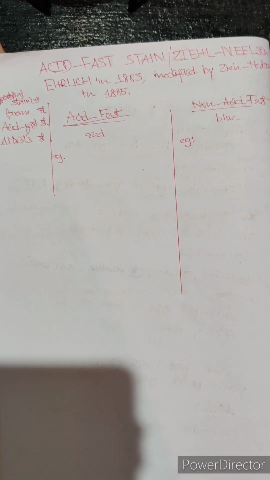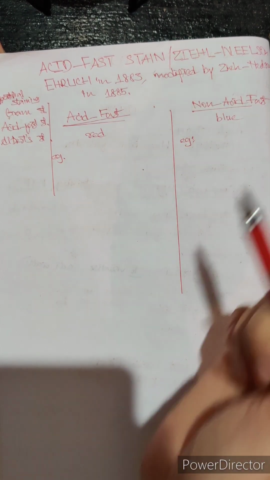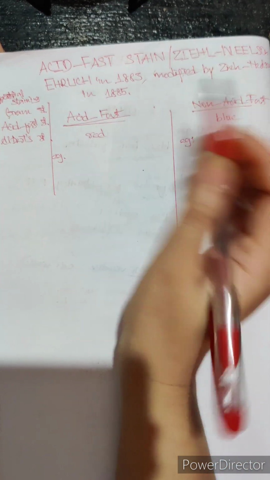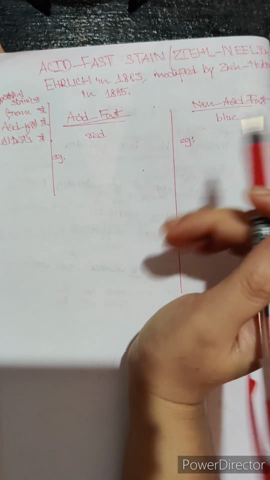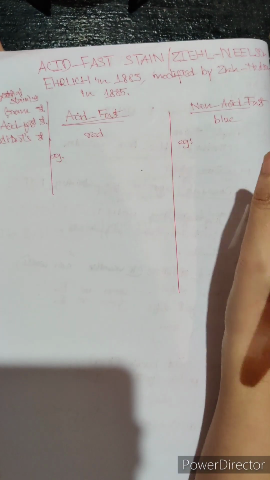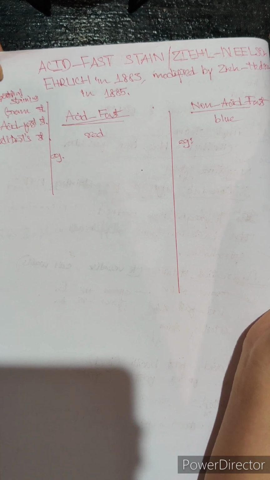The acid fast character is shown by the color of the organisms. Acid fast organisms appear red in color, and non-acid fast bacteria appear blue in color.